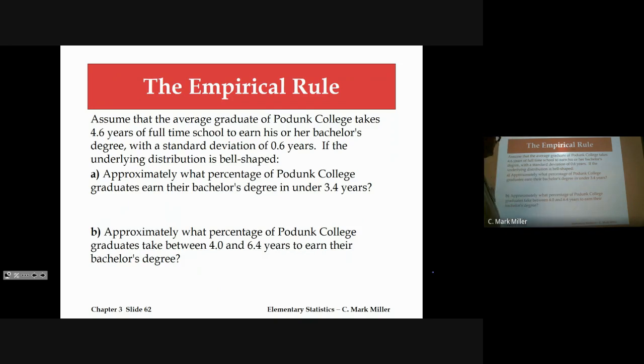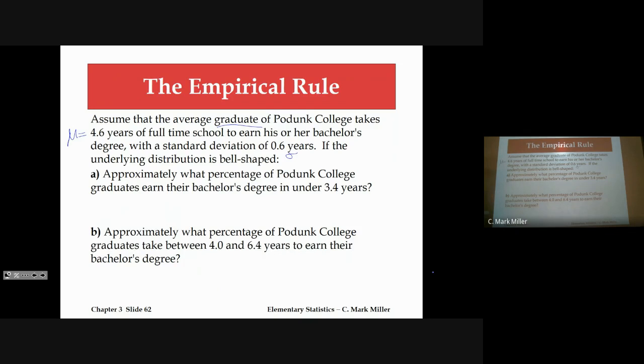Okay. So assume that the average graduate of Podunk College takes 4.6 years of full-time school to earn his or her bachelor's degree. 4.6 then is mu, right? With a standard deviation of 0.6, that is sigma.